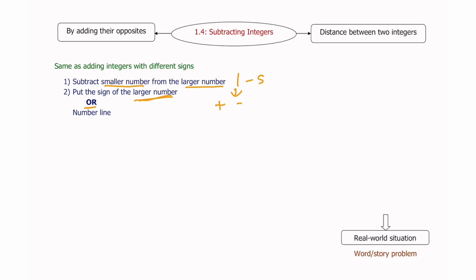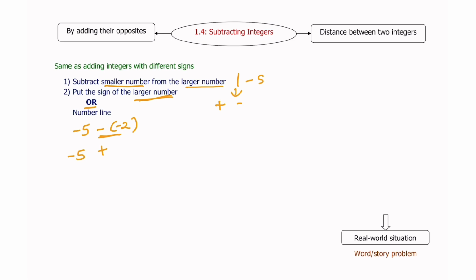Let's understand this process with an example. Let's say we want to do minus 5 minus 2 here. That's an example. So first we will simplify this because we see two negative signs. It becomes minus 5. Minus times minus becomes plus.